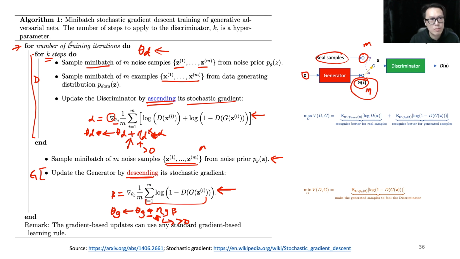So again, the first for loop is for how many updates we are going to do for the discriminator and generator. This block is for maximizing this cost function. This block is to minimize this by adjusting the value of theta g, the generator. This is for the discriminator, and this is for the generator.